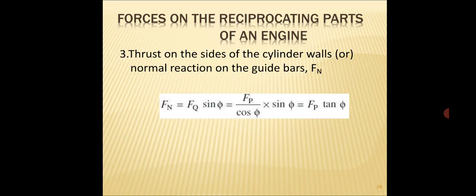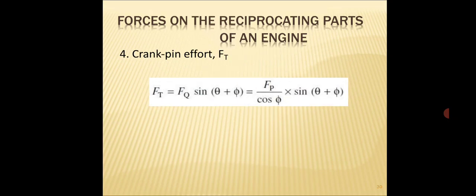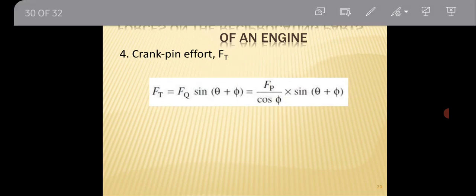The next is the thrust on the sides of the cylinder walls, or the normal reaction of the guide bars, Fn. The formula is Fn equal to Fq into sin phi. So Fq is Fp by cos phi into sin phi, and sin phi by cos phi is tan phi. So Fn equal to Fp tan phi. That is the formula.